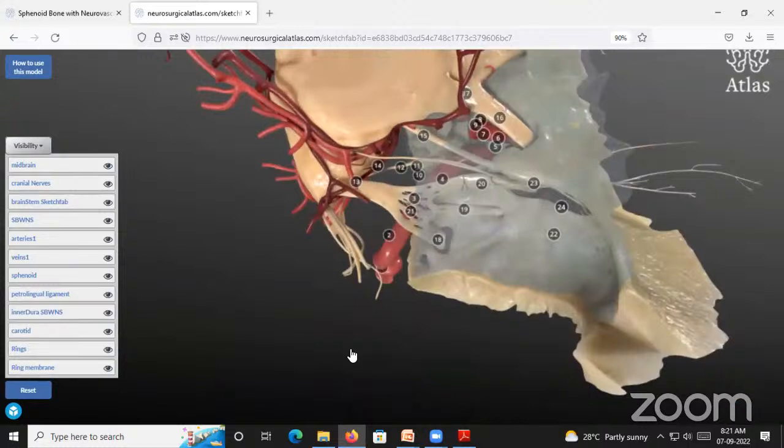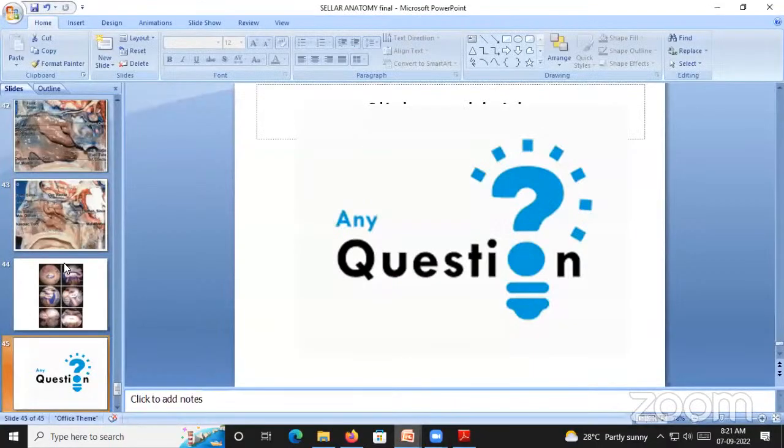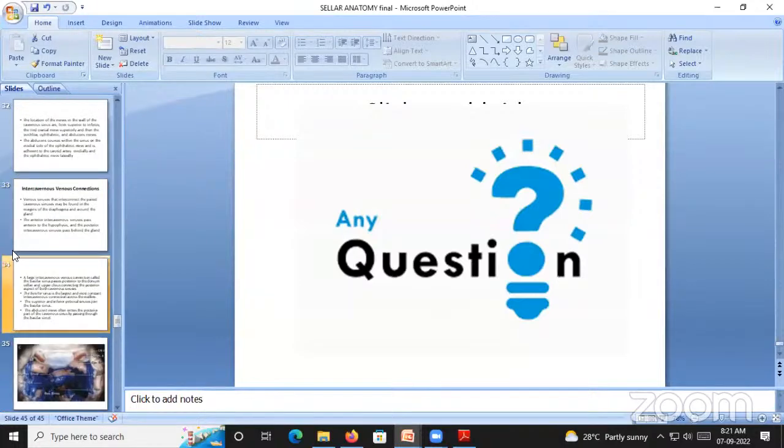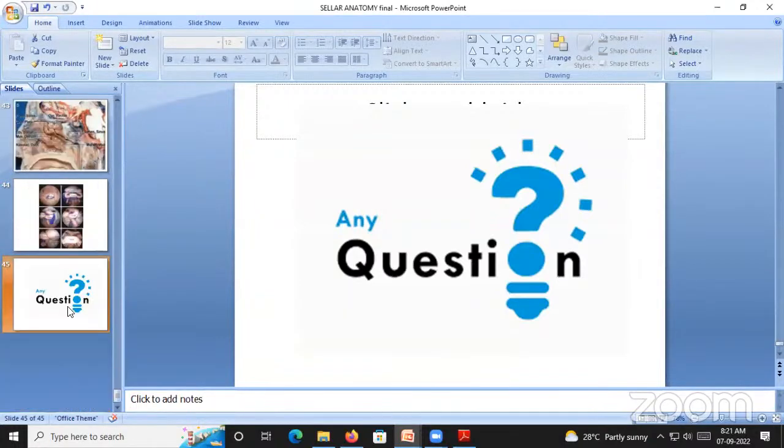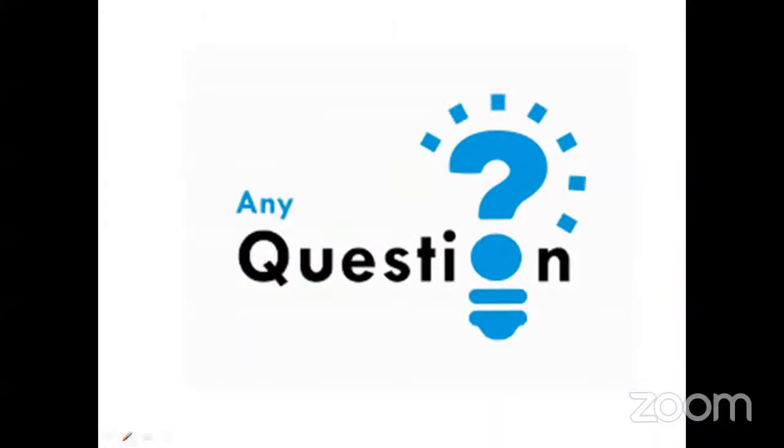So basically, prefixed and postfixed chiasm are types of chiasms, defined by their relationship with the internal carotid. Let me make a picture of it for better understanding. If you view laterally, this is the optic chiasm, and this is the pituitary stalk.